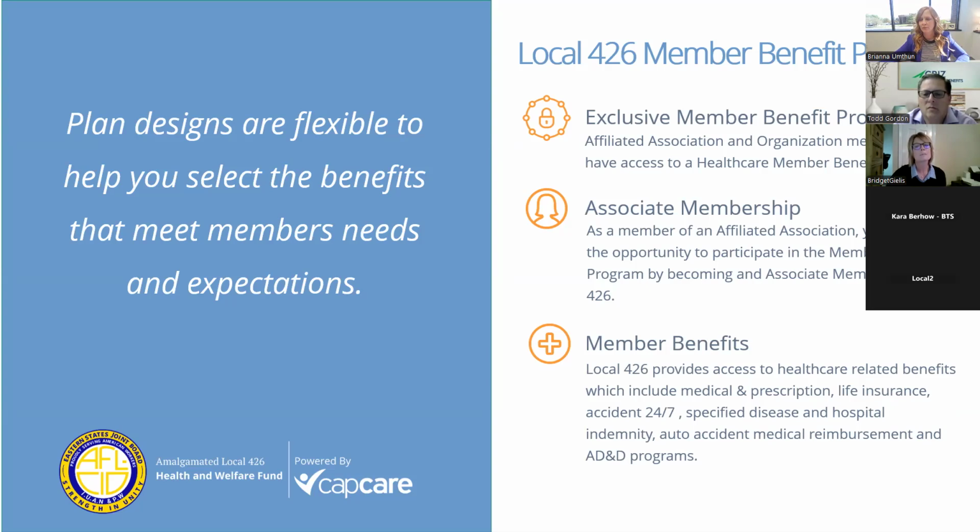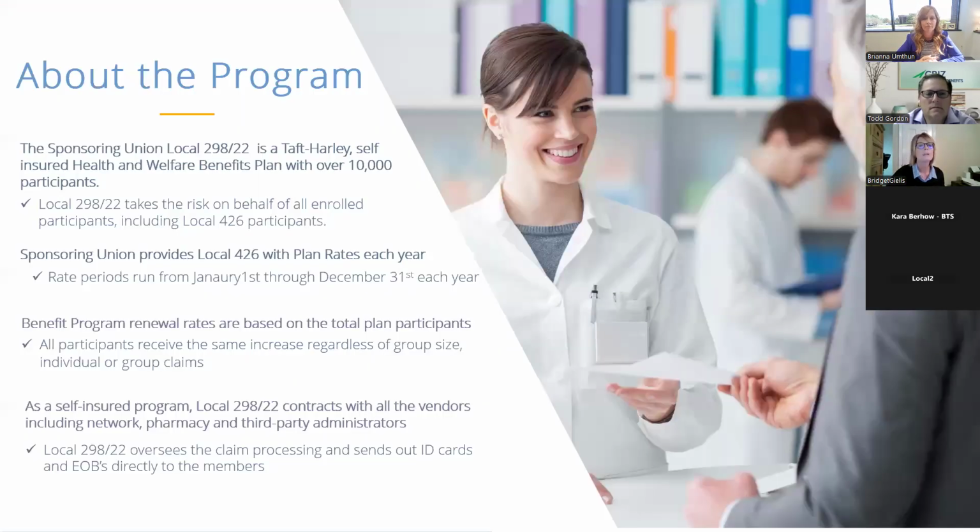The benefits that are made available to you through Local 426 are healthcare, medical, prescription, life insurance, accident, specified disease, hospital indemnity, and as of 2025, we're adding an auto accident medical reimbursement and AD&D, and I'll explain why we're adding those programs. So a little bit about the program.